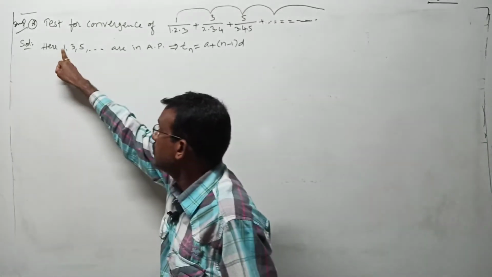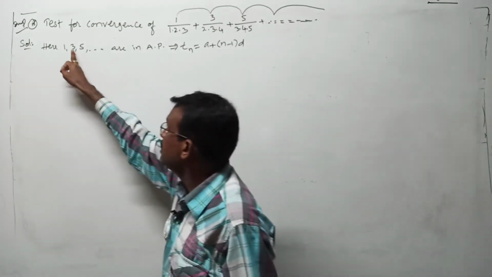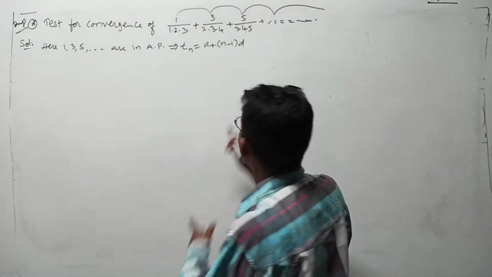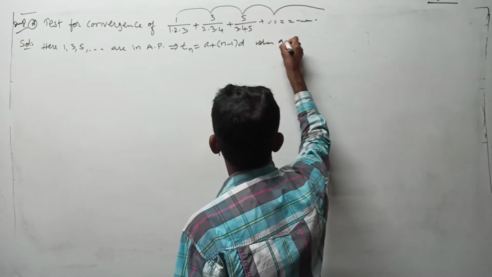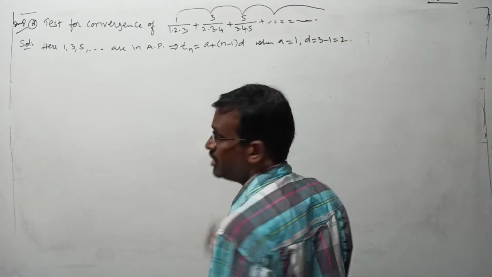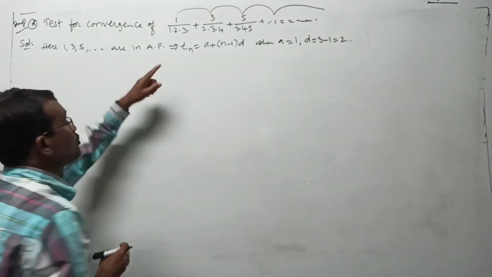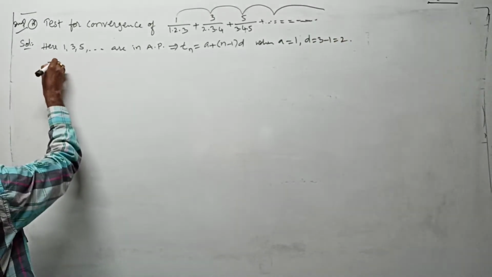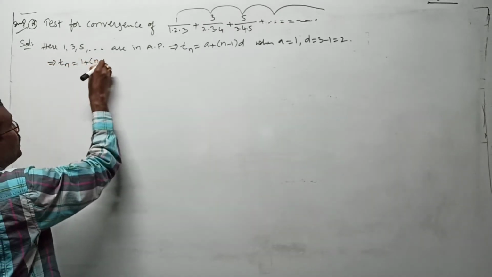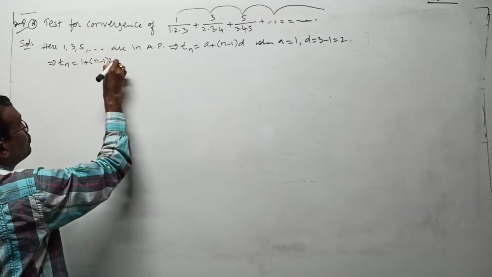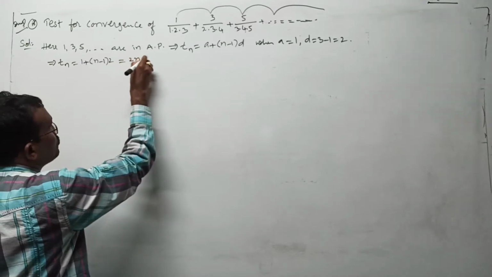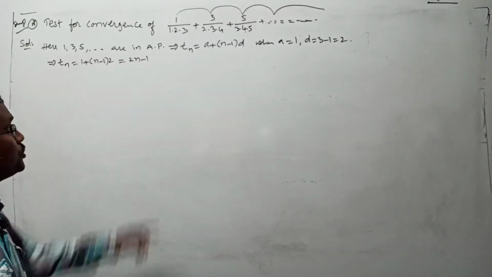A is the starting term, the initial term, and d is the common difference, 3 minus 1, 5 minus 3. Here a is equal to 1 and d is 3 minus 1, it is 2, the common difference. Substitute them, you get Tn is equal to 1 plus n minus 1 into 2. This is 2n minus 2 plus 1. Is it 2n minus 1 or not? It should be 2n minus 1.